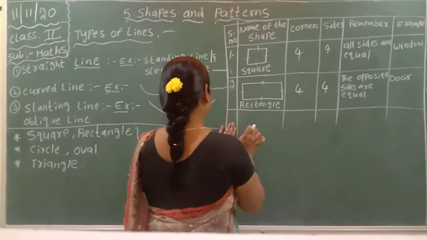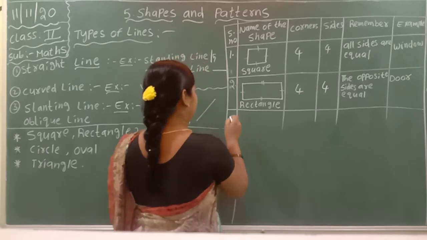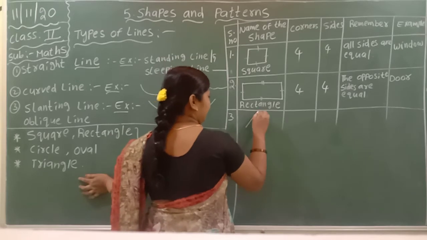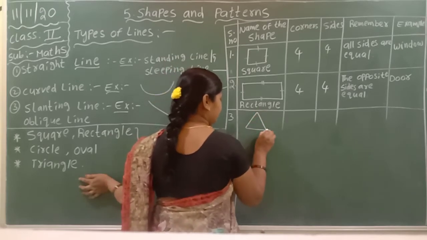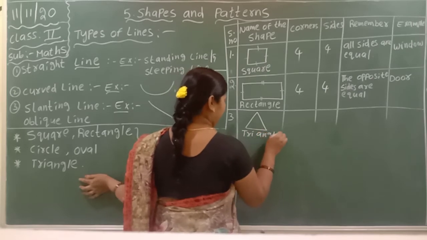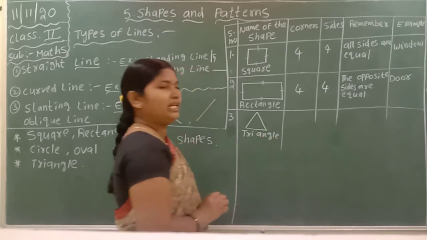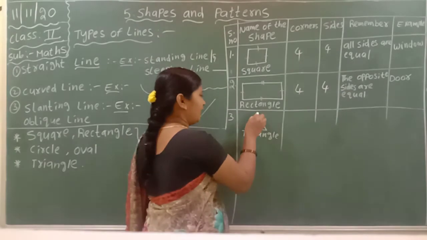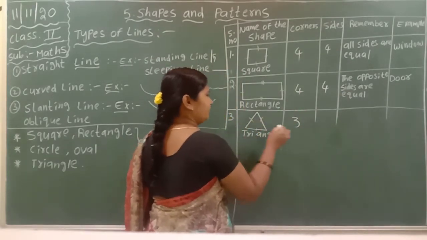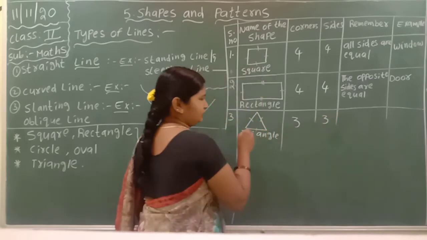Next one. Third one. That is triangle. Triangle. Here, how many corners are there? 1, 2, 3. How many sides are there? 1, 2, 3.